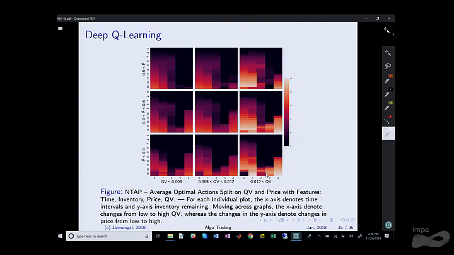So we took 3 different quantiles of the quadratic variation of price and chopped it up into 9 blocks. And just so that you can see that as you move to higher quadratic variation, you tend to execute a bit faster here. And as you move to higher prices, you also tend to execute faster. That's the generic feature that we find.